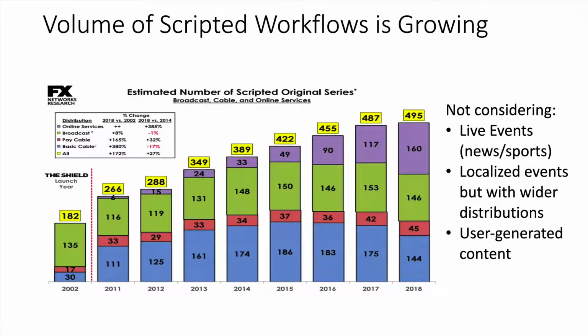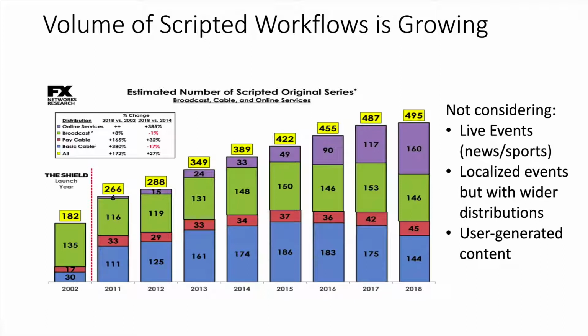So if we just had to deal with these types of conversions and there were just very few workflows, it would be easier to manually tweak this. But looking at what's happening in the industry today, there's by far more volume of content that's increasing, and it's over a diversified set of resources.